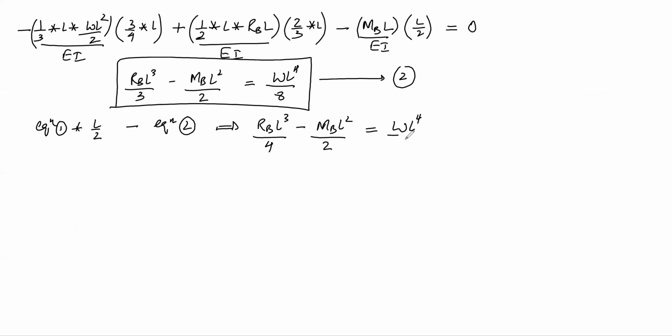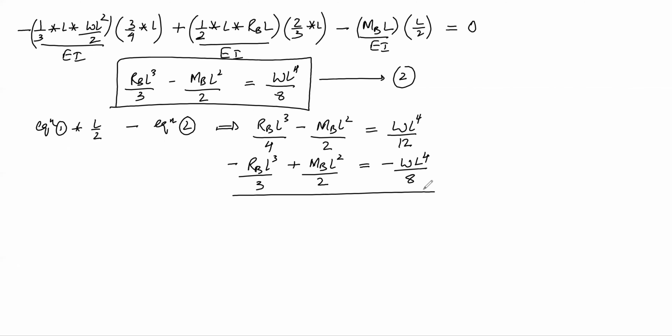WL power 4 divided by 12. And from this we have to subtract the second equation. So it will be minus RB L cube by 3 plus MB L square divided by 2 is equal to minus WL power 4 divided by 8.